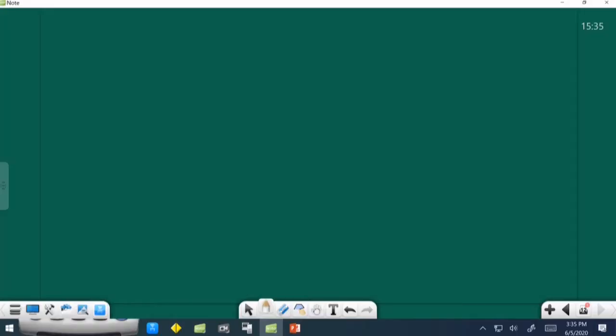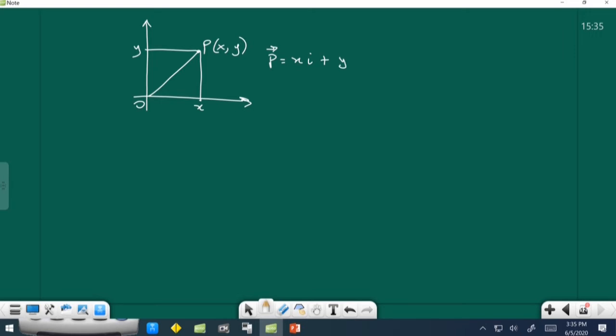Okay, in coordinate geometry, you talk about a point in an XY plane. For example, we're looking at 2D. In an XY plane, this is a point, P, and here is Y and X. Okay, so we're given P as this point X and Y. That is point X, this is point 0. So that means P in vector form is given as xi plus yj.